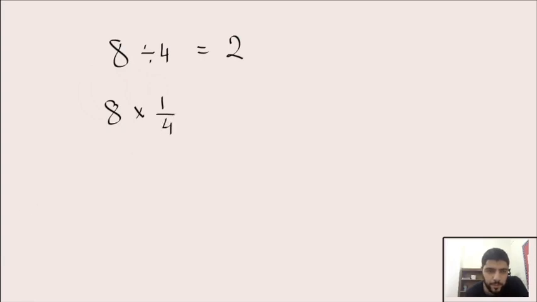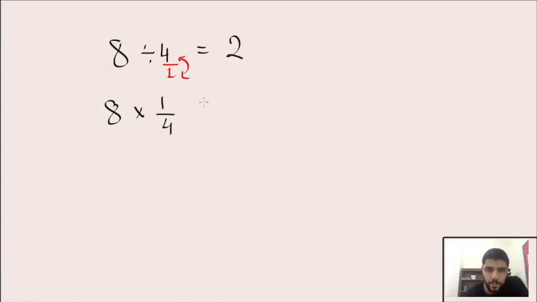Let me quickly show you an example of what I mean. If I have 8 divided by 4, this is equal to 2. It's exactly the same as saying 8 times 1 over 4. Because remember, we said any whole number has a denominator of 1, basically. So if I flip it, it becomes 1 over 4.